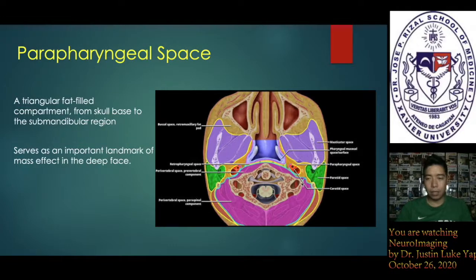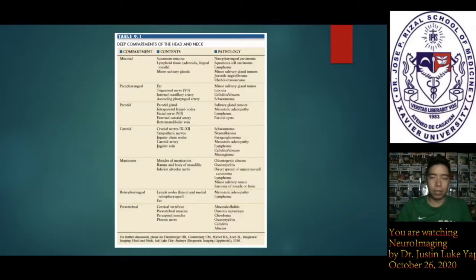If you're dealing with pathology in the carotid space, then your parapharyngeal space will be deviated laterally. So any movement of the parapharyngeal space will guide us as to where the pathology is localized. And with that, we can narrow down our differential diagnosis.